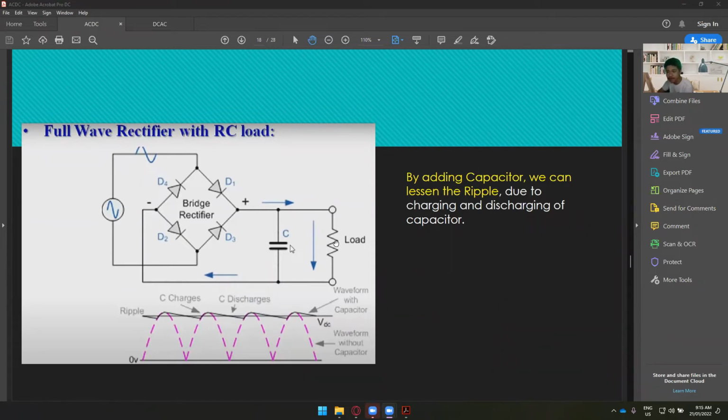Any question regarding this one? Those who have experience doing this in electronics already know the expected output of this one.